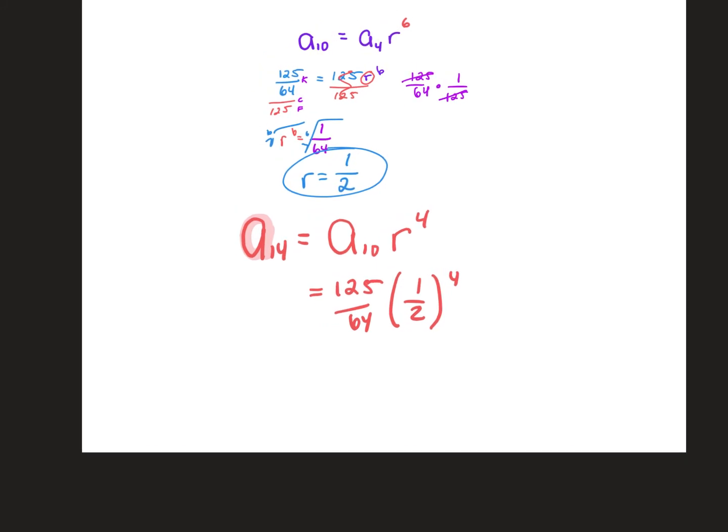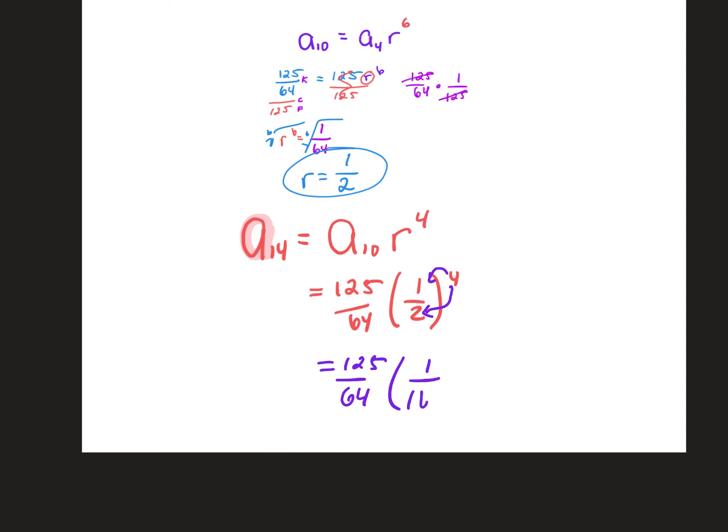You'll have one of these on your quiz, and it'll be this exact same type of problem, same process. I put one on the review. Now this just becomes algebra, guys. I have 125 over 64 times, what is 1/2 to the 4th power? 1 over 16.